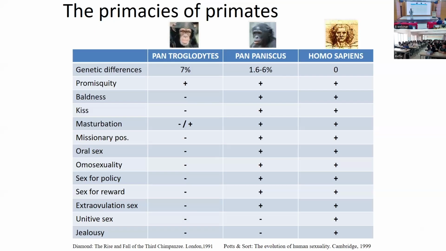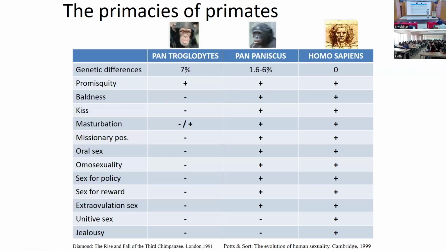And what does it mean from the perspective of sexuality? All three animals are promiscuous. So the fidelity is not the unique strategy of those animals. It is promiscuous the Panthroglodytes, it is promiscuous the Pampaniscus, it is promiscuous the humans.